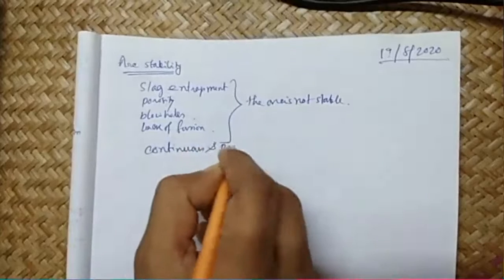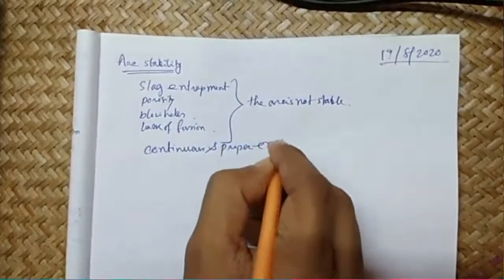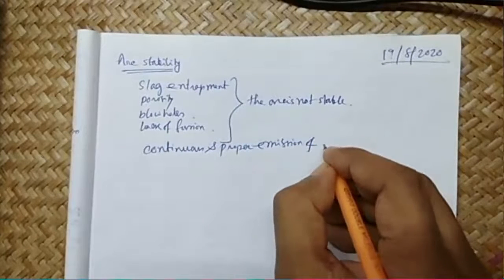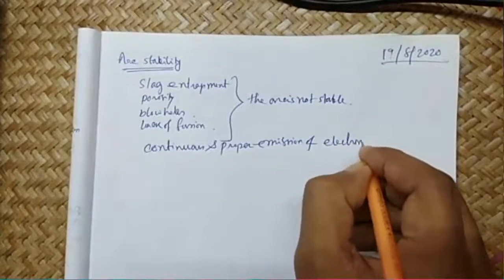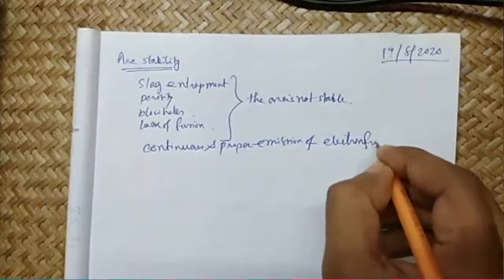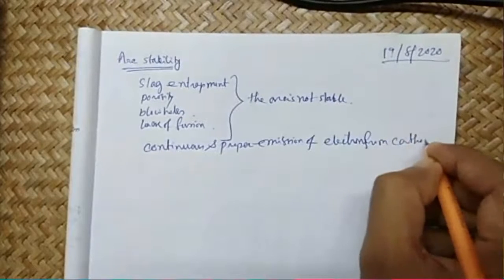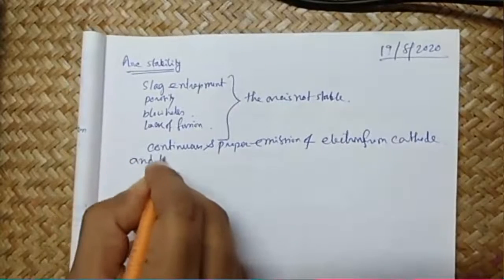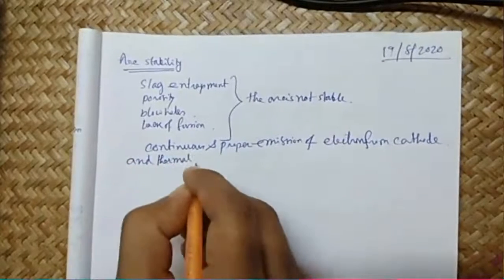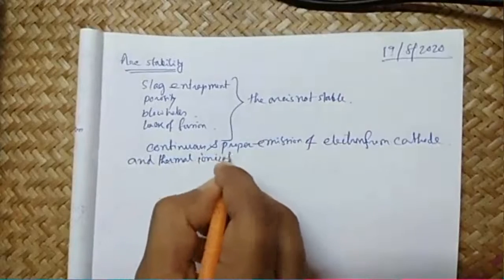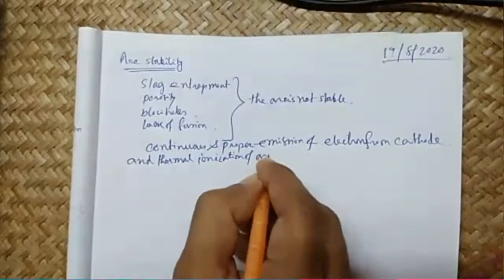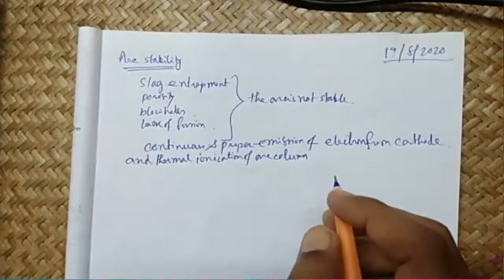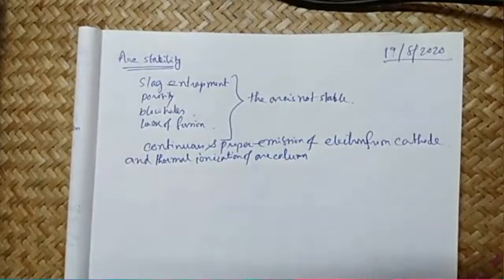Continuous and proper emission of electrons from the cathode and thermal ionization of the arc column should be maintained.